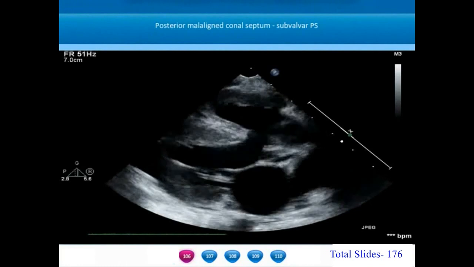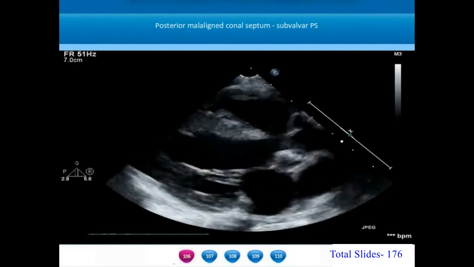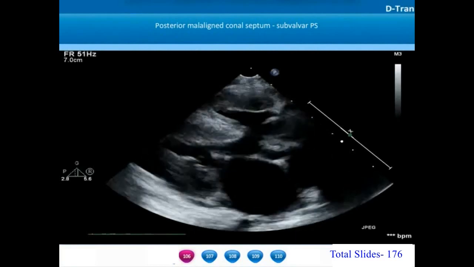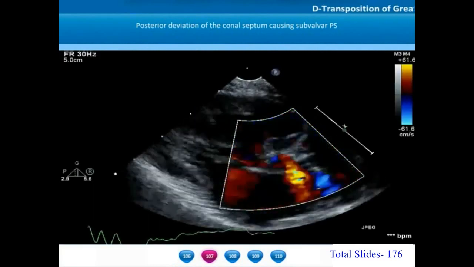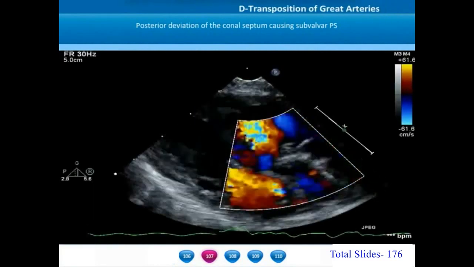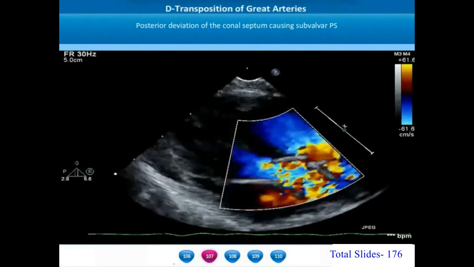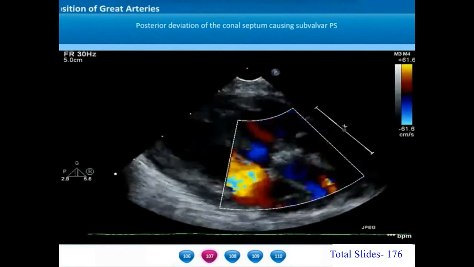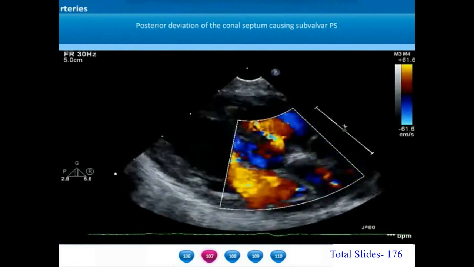This posterior malalignment of the conal septum is another cause of subvalvular pulmonary stenosis. A color flow Doppler interrogation shows that there is a significant flow turbulence at the region of subvalvular LVOT where there is a posterior deviation of the conal septum.